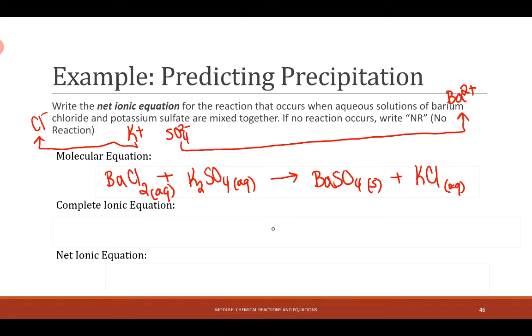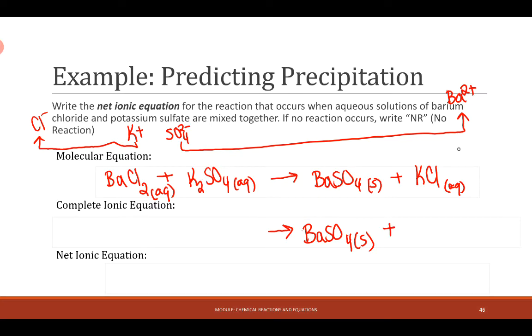So now I can write my complete ionic equation. If you remember from an earlier video, to write things in a complete ionic equation format, we have to only write aqueous strong electrolytes as ions. Barium sulfate is not aqueous, and so that one will not be written as ions.